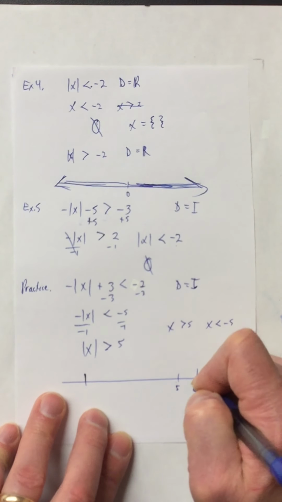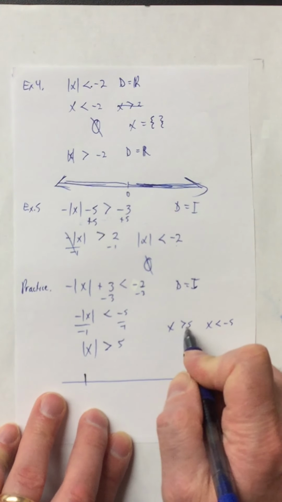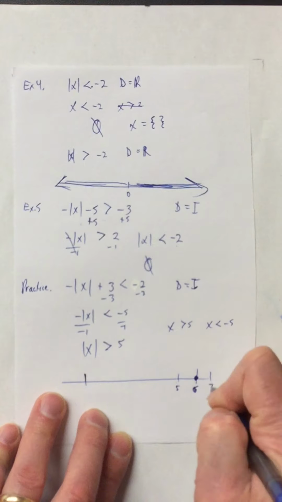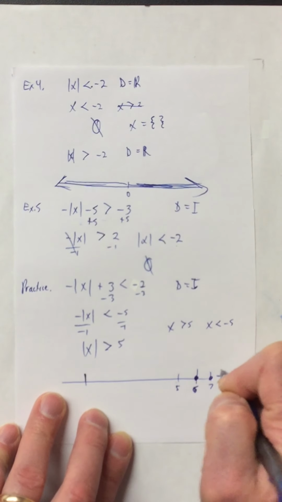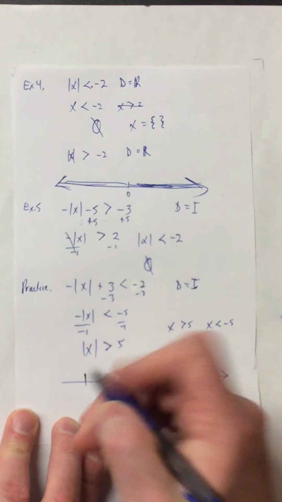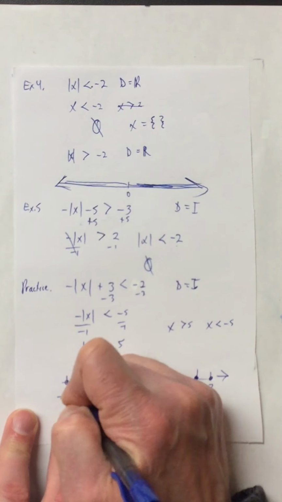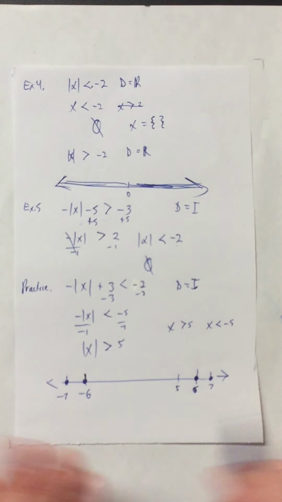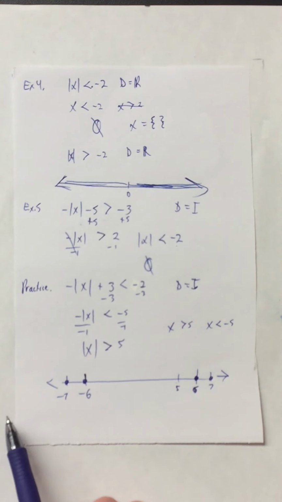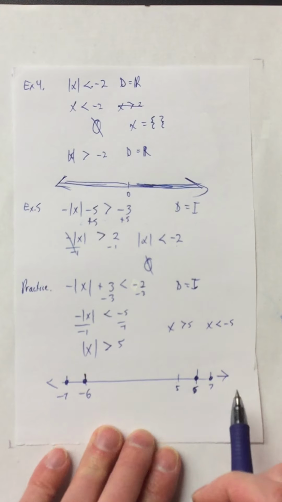So our first number that shows up here is 6, and it's anything greater than 5. So we could go 6 and an arrow going this way. And then same thing over here, negative 5 is not included. The first number that shows up would be negative 6 with a solid circle, and an arrow going that way to show that all the numbers negative 6 and smaller are a part of it, and all the numbers 6 and greater are a part of it.